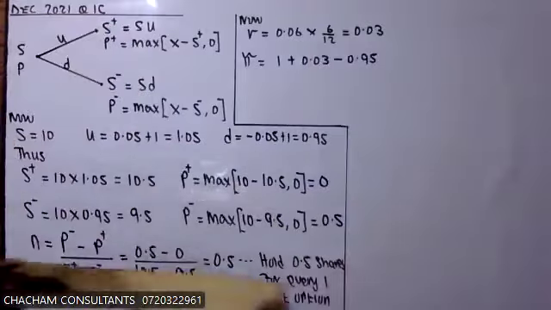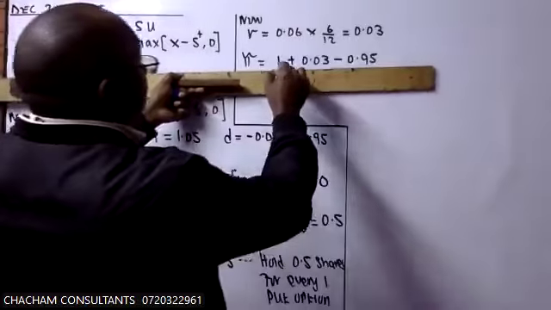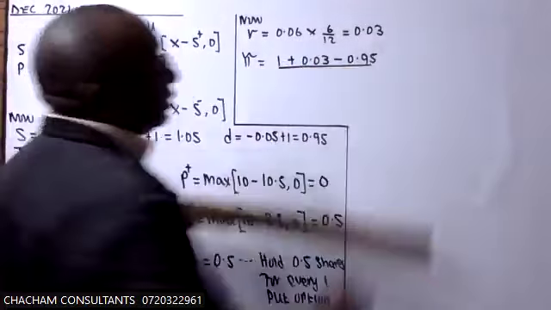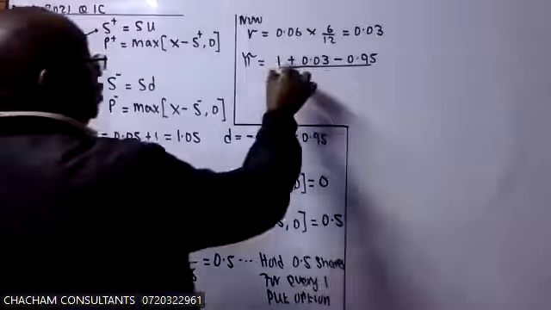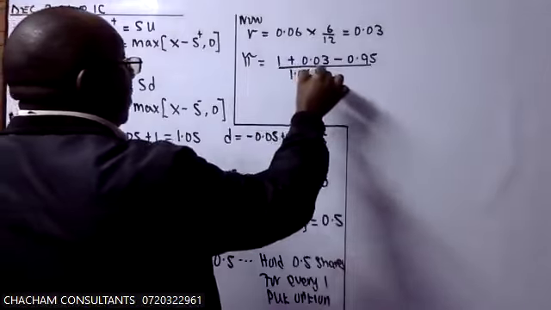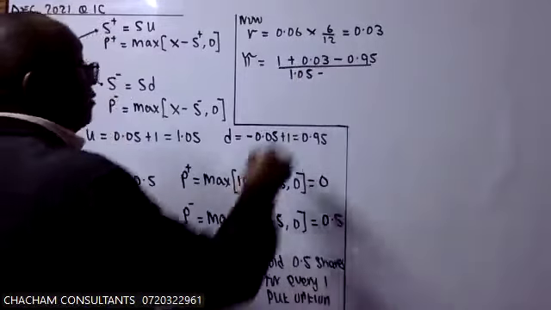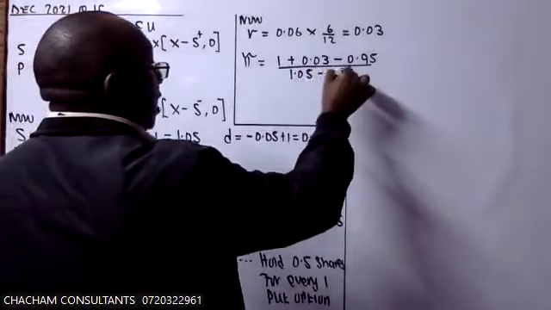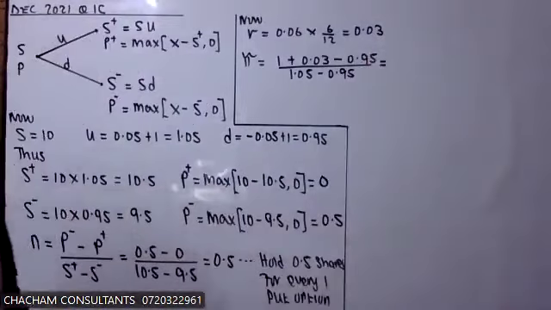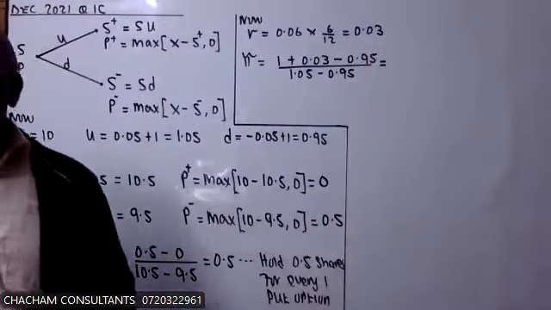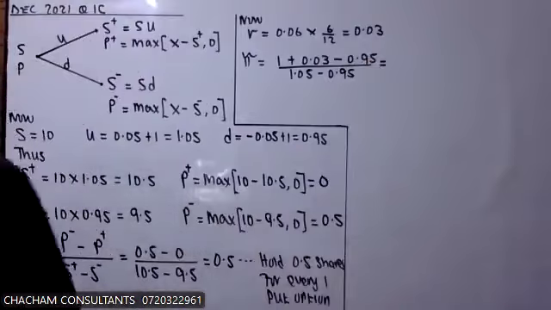You divide this by U minus D. The up factor is 1.05 minus the down factor 0.95, so that we get the probability of that price moving up.